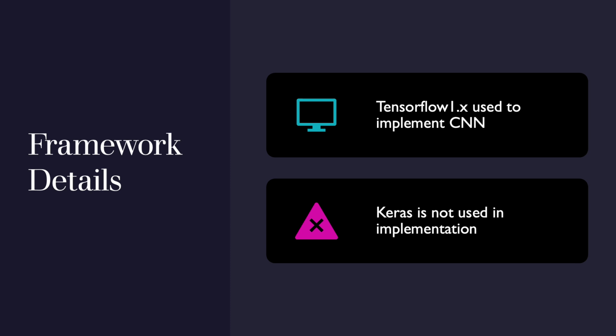This granular control is particularly useful for experimental adjustments and debugging. So, if we come down to the points, we are using TensorFlow 1.x for implementation of the convolutional neural network, and Keras is not being used in this implementation in any capacity.